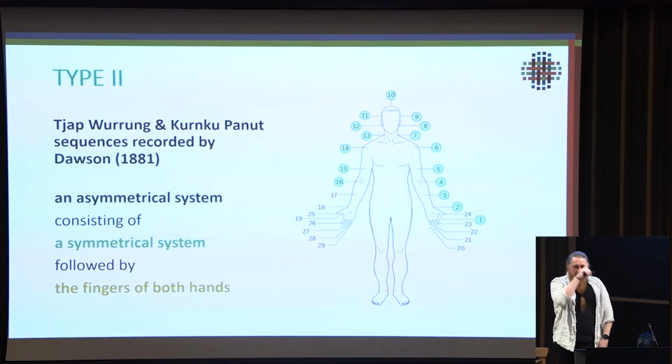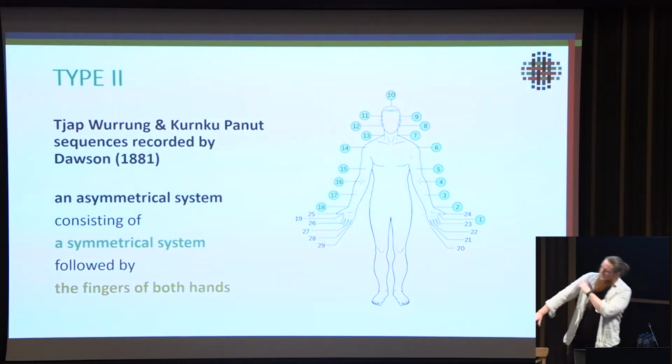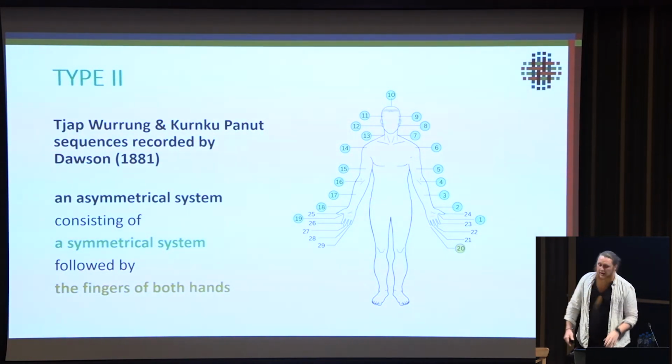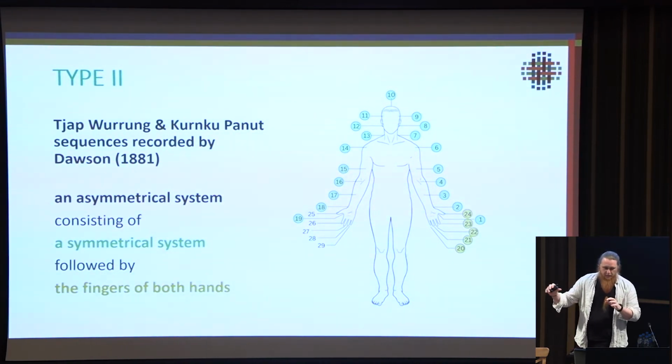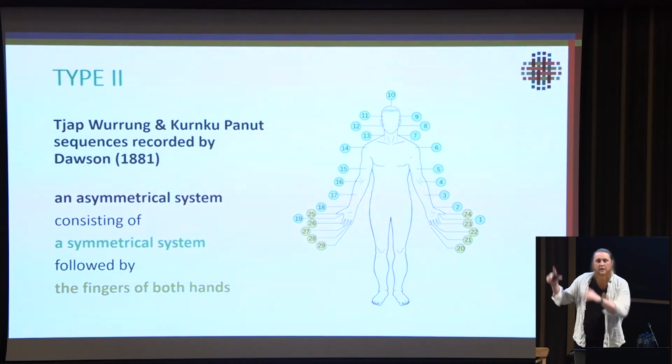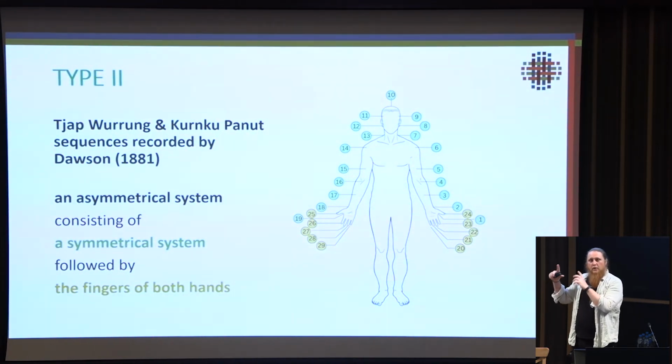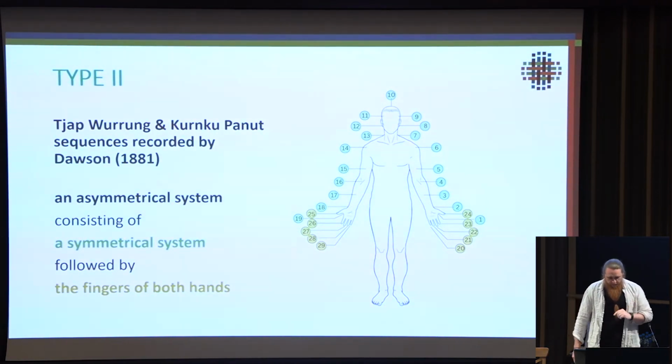Then it travels up the head to a central point, comes down symmetrically, and then it finishes with the fingers of both hands. And finally it finishes on the pinky. These are one that has the word for the moon, Kayak Bundaru, underscore moon.